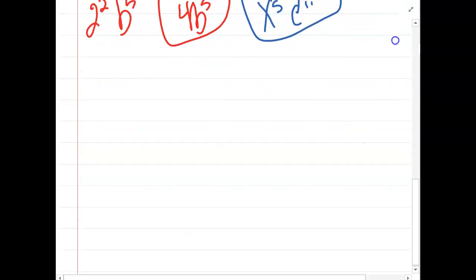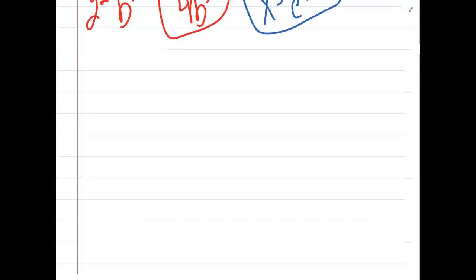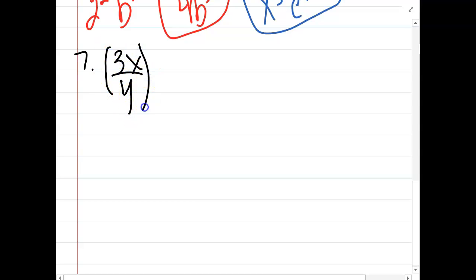Okay. All right, let's mix in that second rule that we talked about today. So number 7 says 3x over y to the 4th power. Remember that second rule is just like the rule we talked about yesterday. If you're taking a power of a product, everything in the parentheses gets the exponent. It's the same thing here.